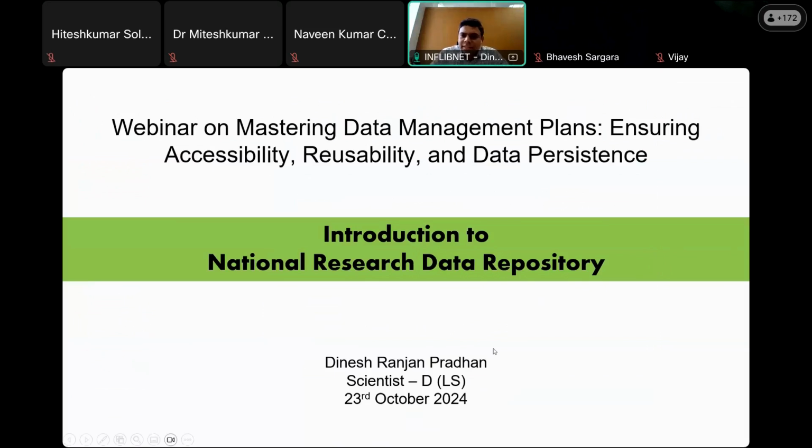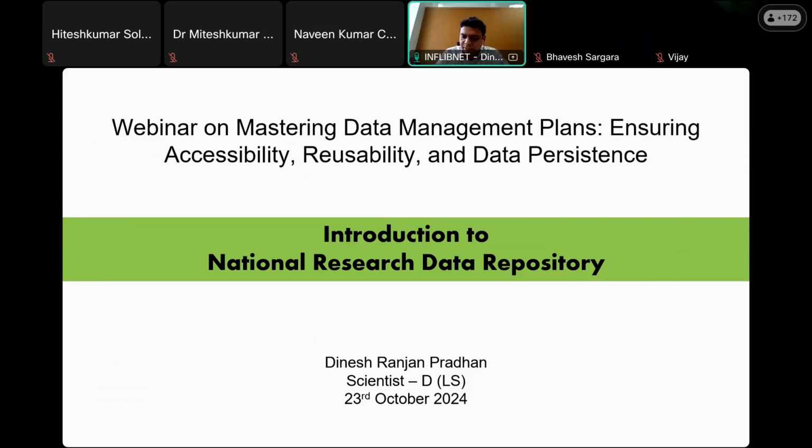Since my colleagues have already described so much about research data repositories and how to manage your research data, the important next aspect is how to have your research data stored in a data repository. There are many data repositories available, like those of different publishers, or the general data repository already described in previous presentations.